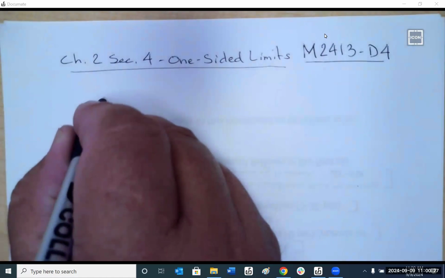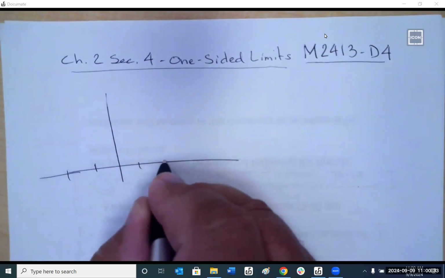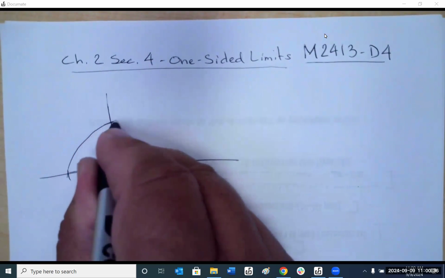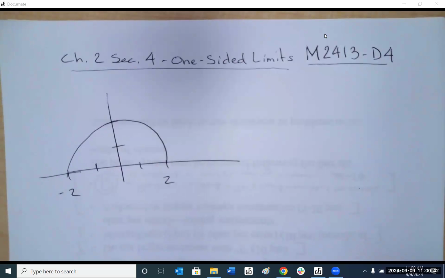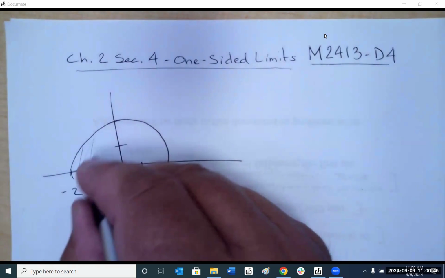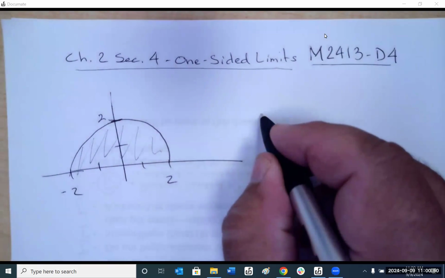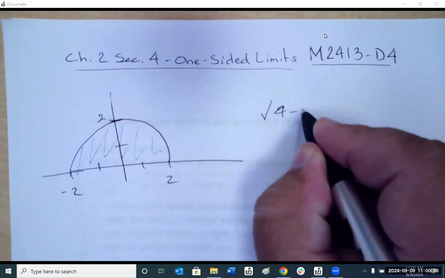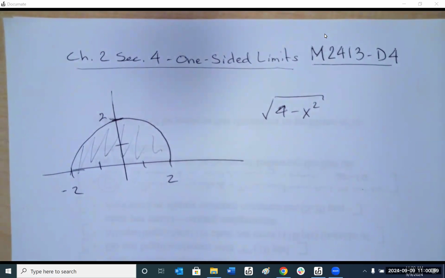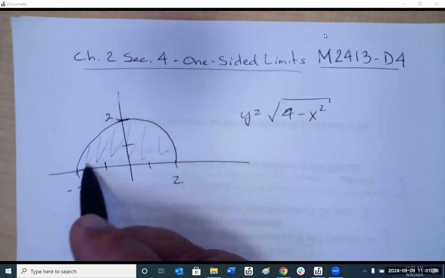But remember that one example we had of this graph? That was one of our examples where yes, we can find the area under the curve.